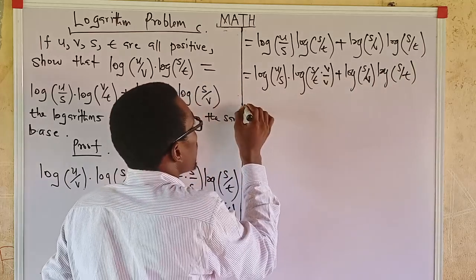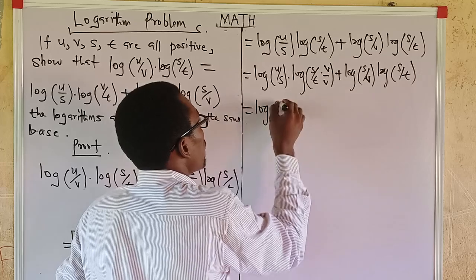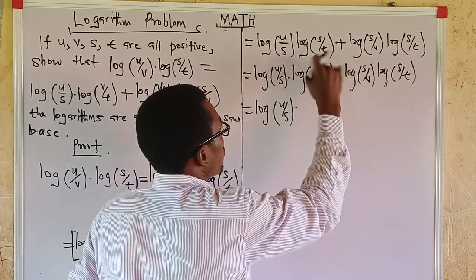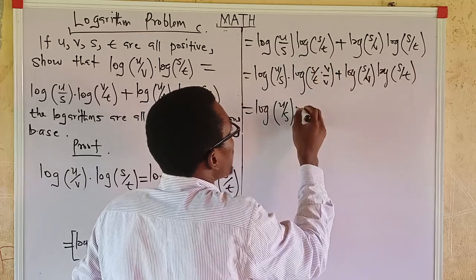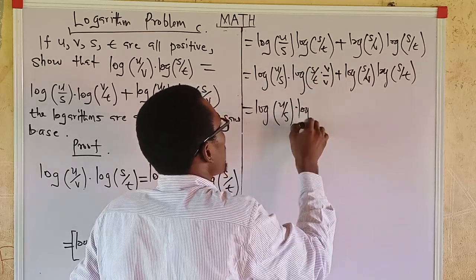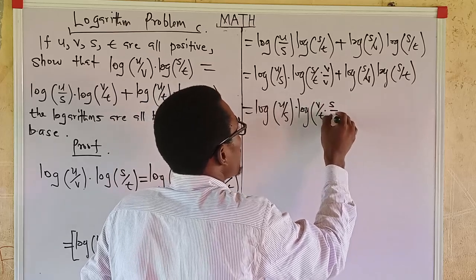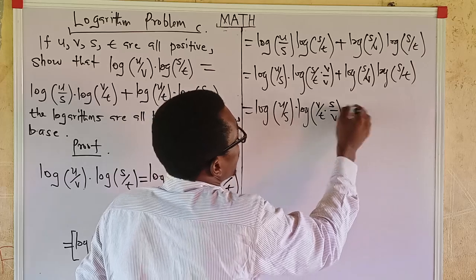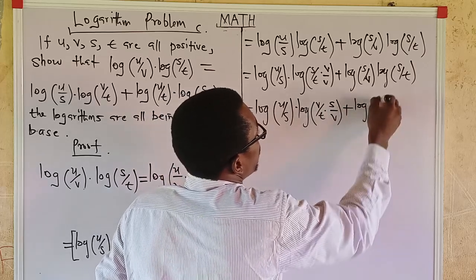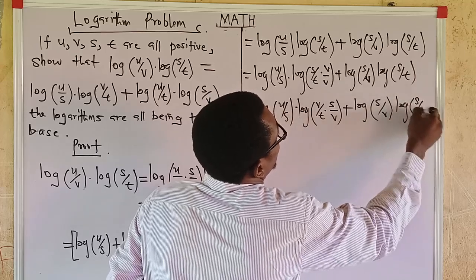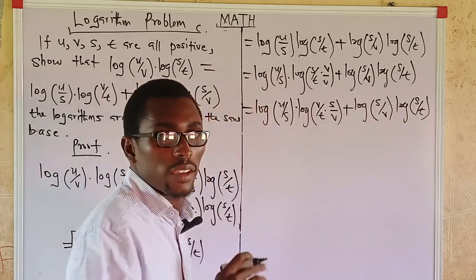Now, rearranging this structure, this product can be written as log to an arbitrary base of U over S multiplied by log to an arbitrary base of V over T multiplied by S over V. You agree with this expression? Look at it and convince yourself that it is so. Now we're almost there, all right?